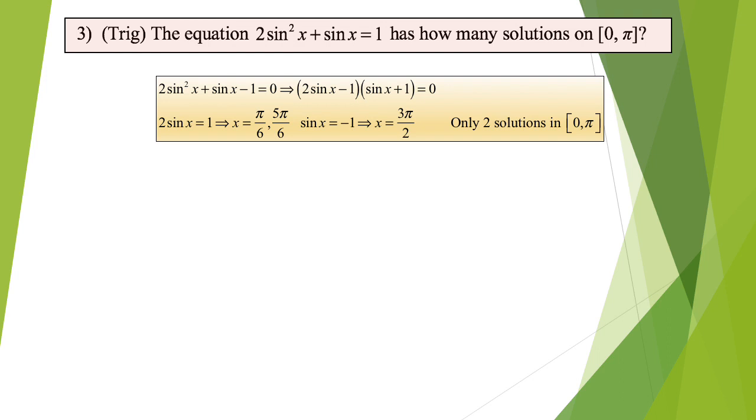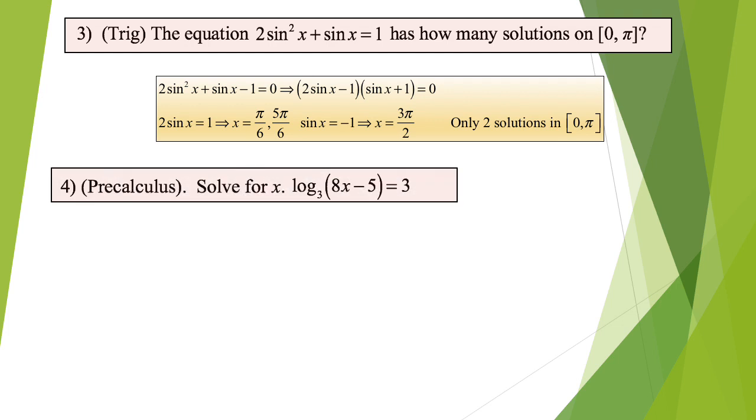It factors into 2 sine of x minus 1 times the quantity sine of x plus 1 is equal to 0. 2 sine of x equals 1 gives x is equal to pi over 6 or 5 pi over 6 on the interval 0 to pi. Sine of x equals negative 1 gives x is equal to 3 pi over 2. However, that is not on the interval 0 to pi, and therefore there are only 2 solutions on the interval 0 to pi.